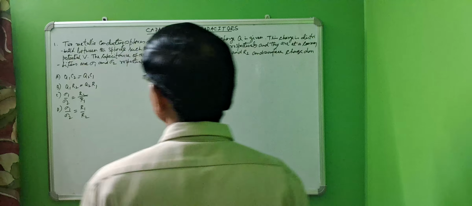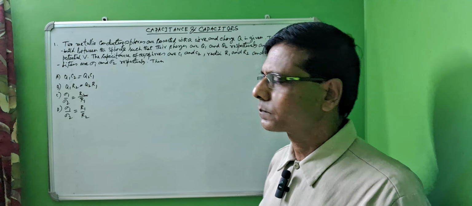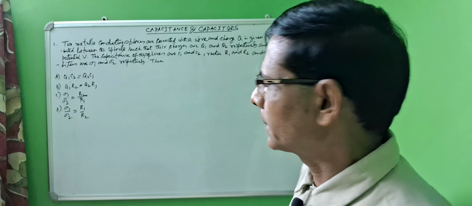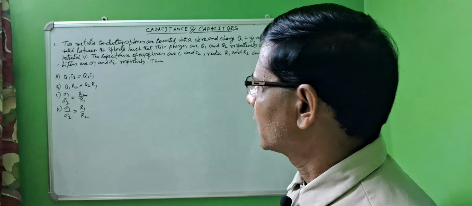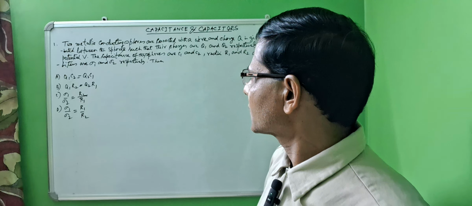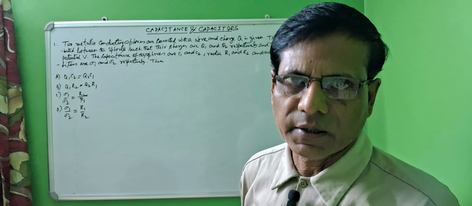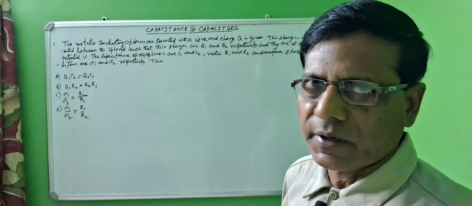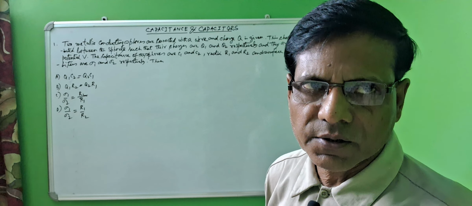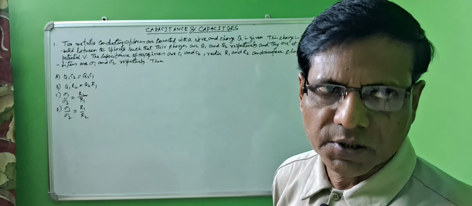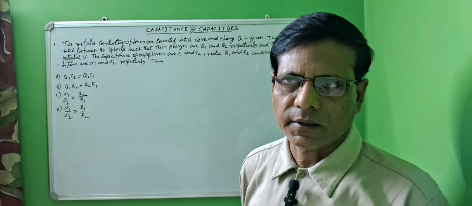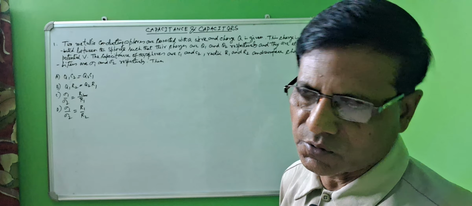This charge is distributed between the spheres such that their charges are Q1 and Q2 respectively, and they are at common potential V. The capacitances of the spheres are C1 and C2, radii R1 and R2, and surface charge densities are sigma 1 and sigma 2 respectively. Then we have to find the correct one or ones from the given four options.